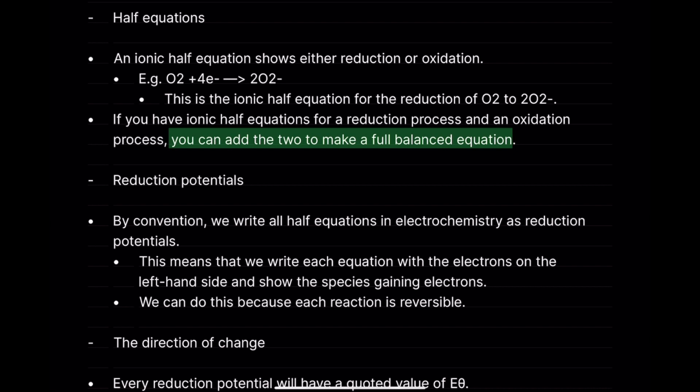That's the majority of your marks: being able to rearrange and form half equations, then using your understanding of electrode potentials and half equations to make a full balanced equation, and being able to balance those equations.